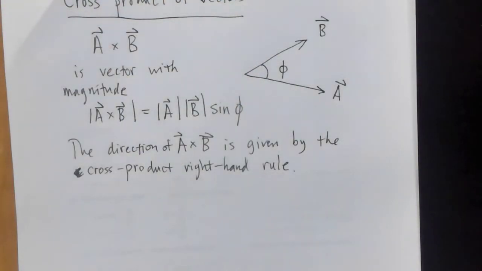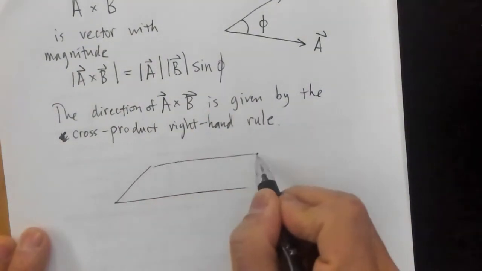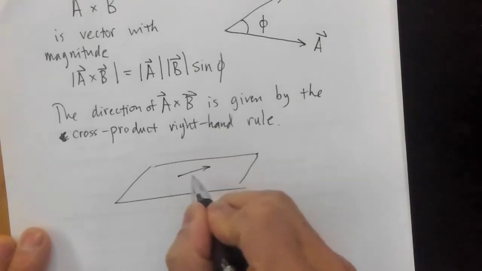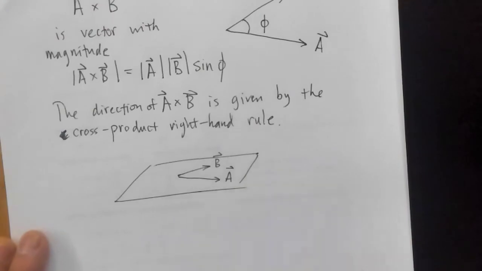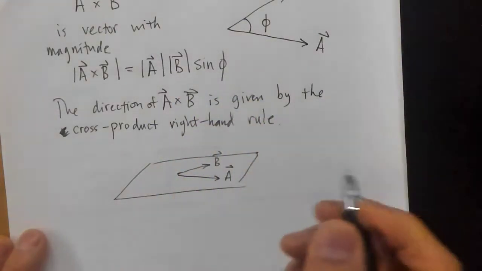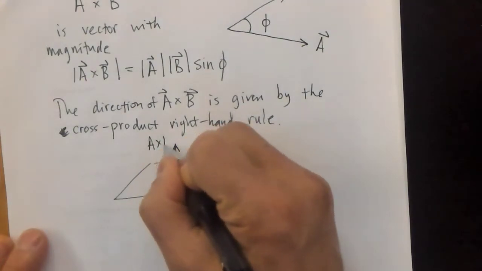Which one it is is given by the cross product right hand rule. If I draw a three-dimensional perspective like this, with A and B on this plane, then it's actually this vector that is the direction of A cross B.